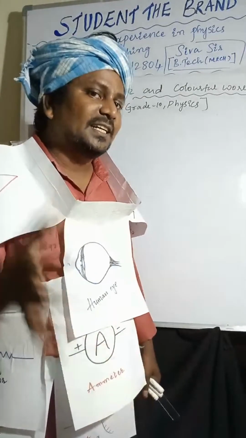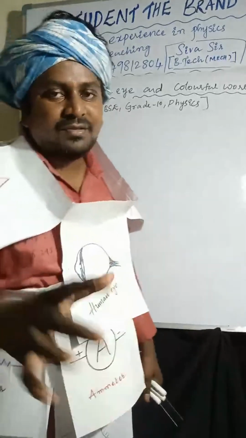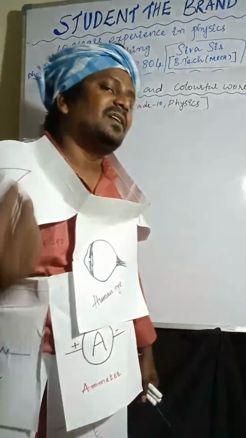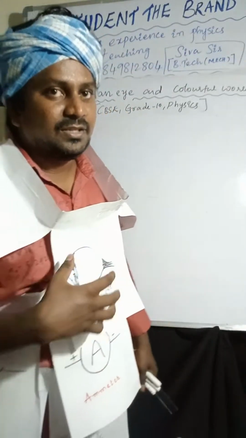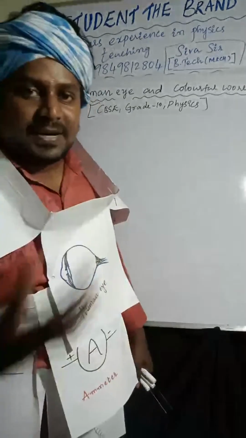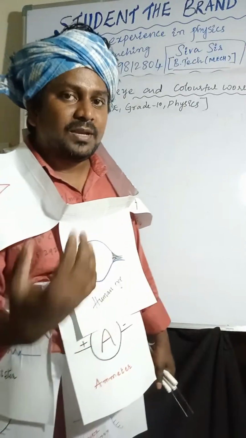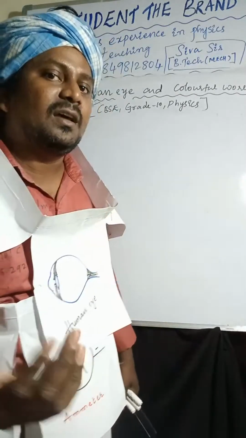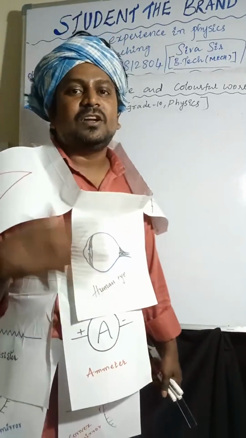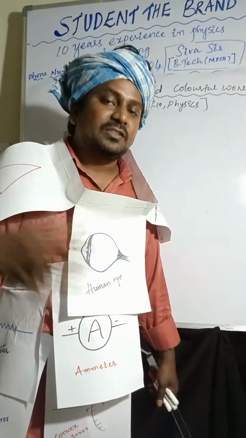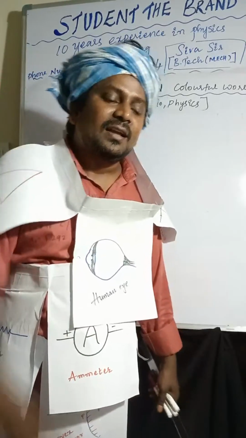Splitting a white light into seven colors is known as dispersion. The band of colors is known as spectrum. Refraction of light that takes place in the atmosphere is known as atmospheric refraction. Re-emission of light in different directions with a different intensity is called scattering of light.